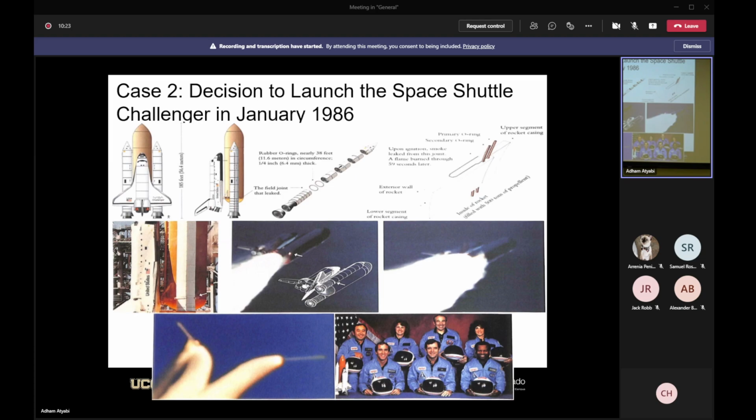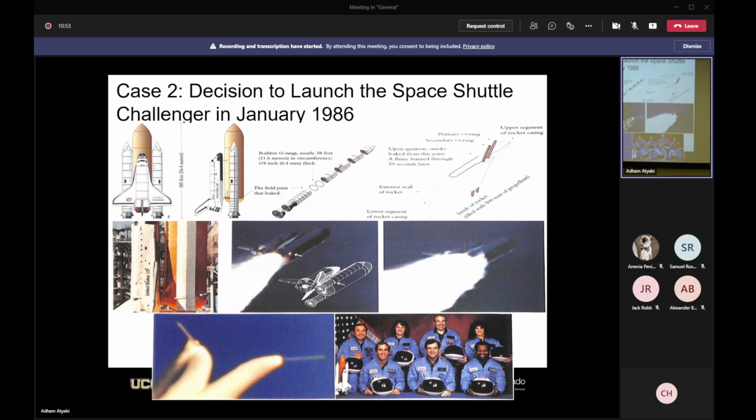So the second case study. The shuttle basically consists of an orbiter which carries the crew and has powerful engines in the back, a large liquid fuel tank for the orbiter engines, and 2 solid fuel booster rockets mounted on the sides of the central tank. Segments of the booster rockets are shipped to the launch site, where they are assembled to make the solid fuel rockets.